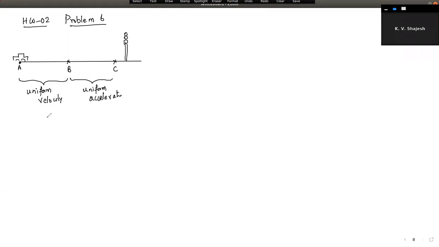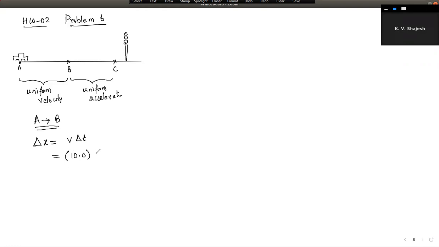Okay, so let's talk about motion from A to B. That's uniform motion. So delta x is simply v times delta t. That's the only equation for a uniform velocity. Velocity is given to be 10 meters per second. It's 10 meters per second times time.